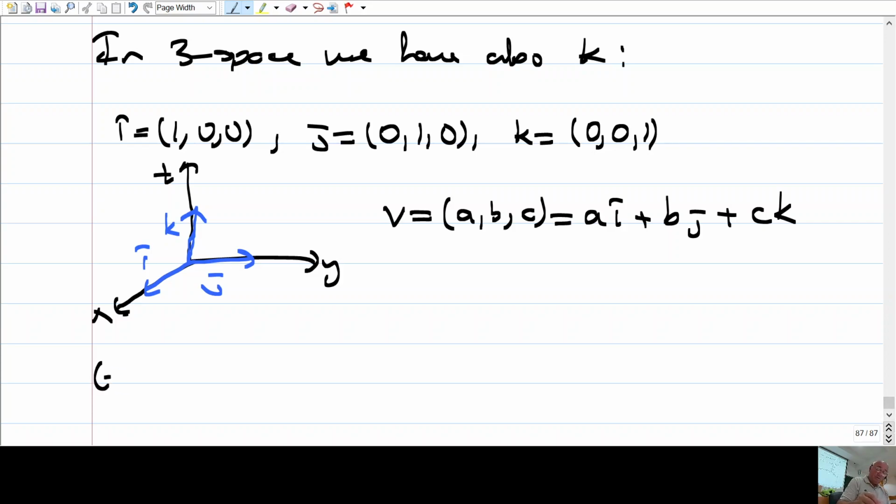And actually, this is good when you are doing arithmetic with vectors.